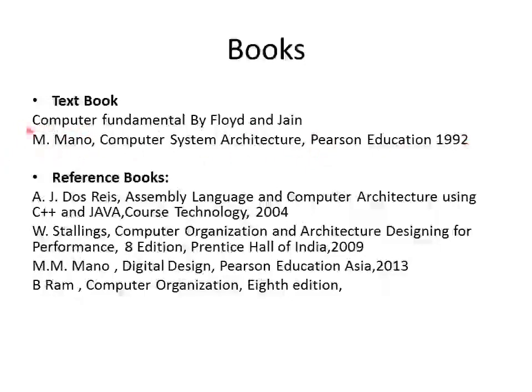This is basically for CPU design, microprocessors and memory organizations. So both the books are important. There are some reference books, for example, William Stallings, Computer Organization and Architecture, Morris Mano, Digital Design, B. Ram, Computer Organizations. Another book is A. J. Dos, Assembly Language and Computer Architecture using C++ and Java codes. It is basically for assembly language programming.